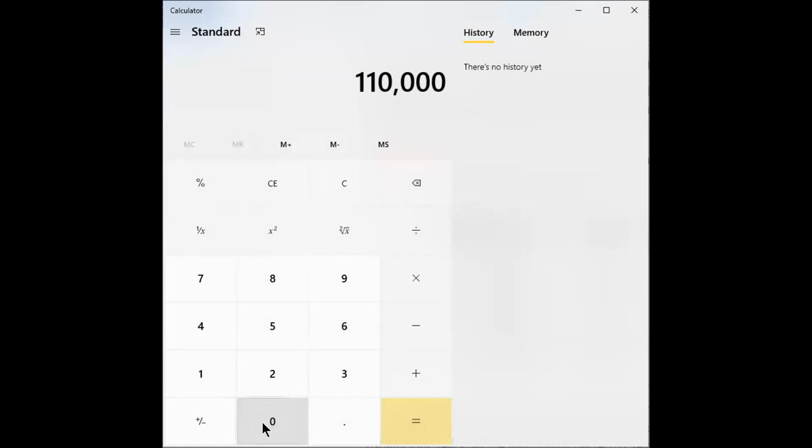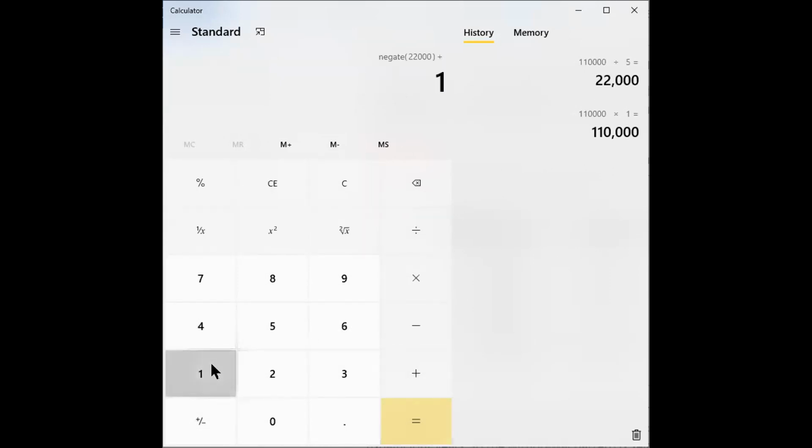Now the ratio we need to take out is 1/5. 1/5 is 20%, or if you do times 1 divided by 5, it will give you 20%. 20% is $22,000. That is the amount we're going to take out from the 110. If you take this and make it a minus from 110, you're going to be left with 88,000.